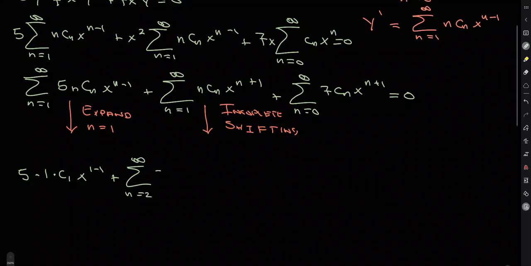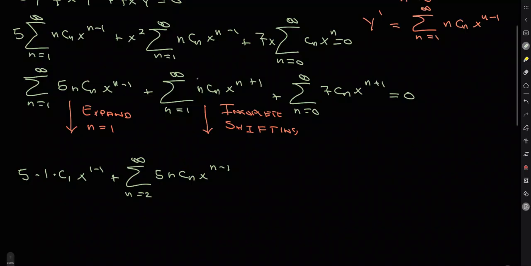Now, starting our series at n equals 2, if we perform a complete shifting, adding 2 units to the exponent and the subscript and the factor n, subtracting the 2 units in the starting index, that's actually going to fix everything, and we will be able to combine all in one single series.